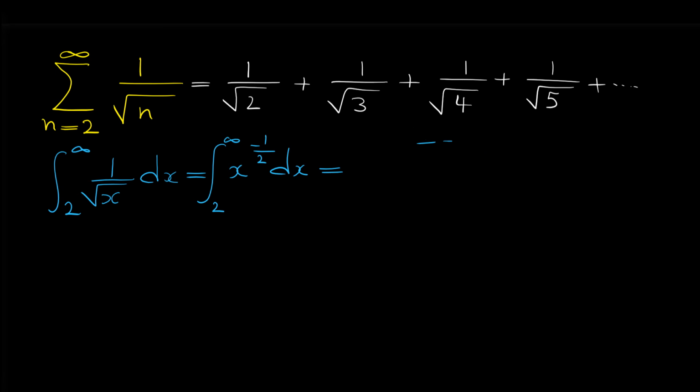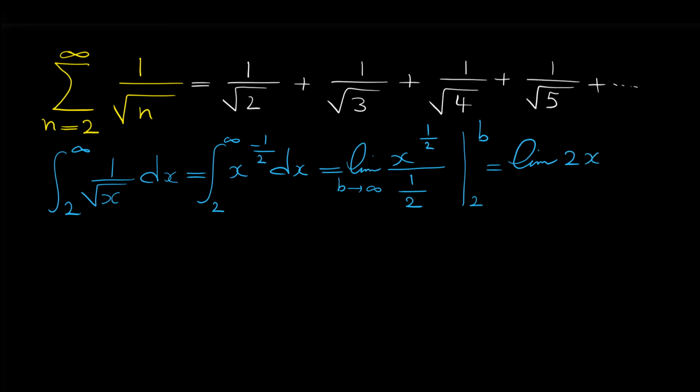So this integral equals x to the 1 over 2 all over 1 over 2, from 2 to b, as b goes to infinity. And we can simplify this and write it in the form of limit of 2x to the 1 over 2 from 2 to b, as b approaches infinity.